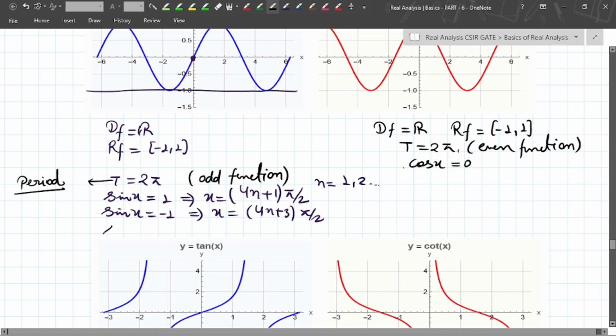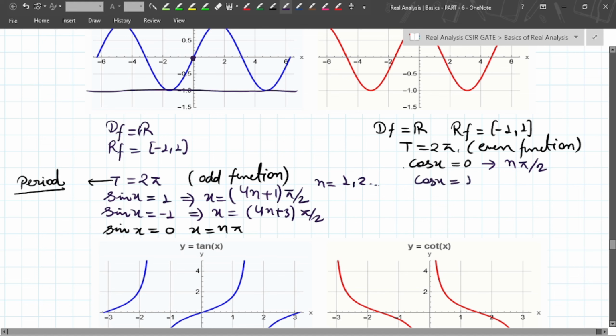Sine of x is 0 for x equal to n pi. Sorry for that, it is n pi only, not n pi by 2. Then cos is taking 0 for n pi by 2.